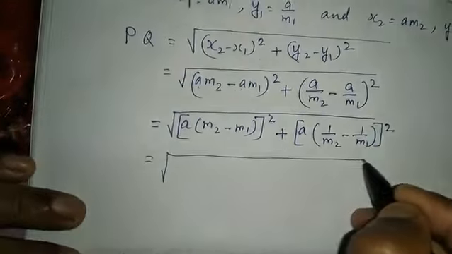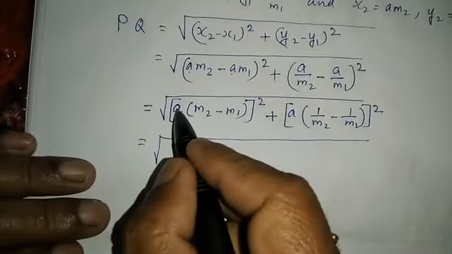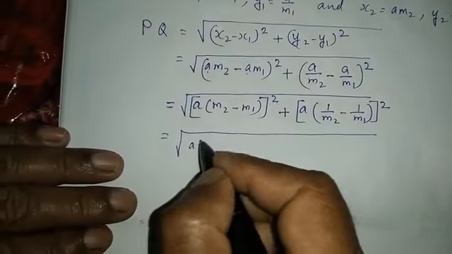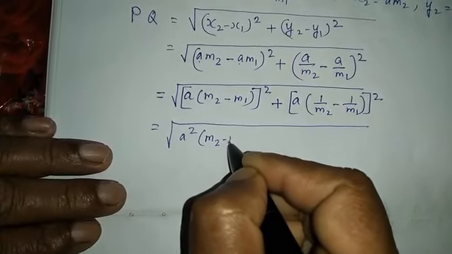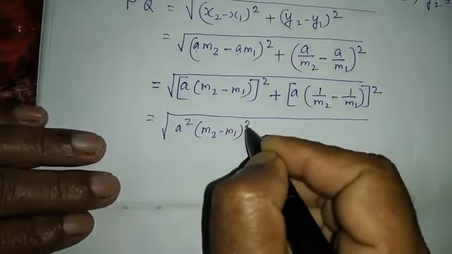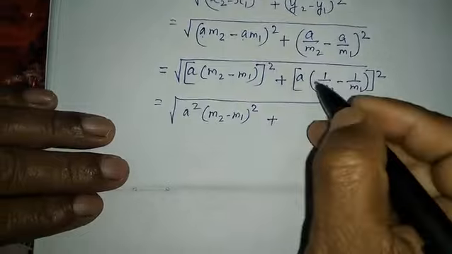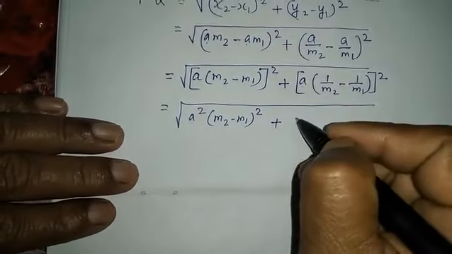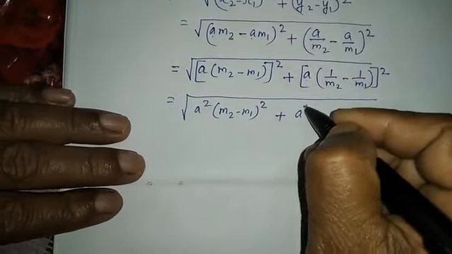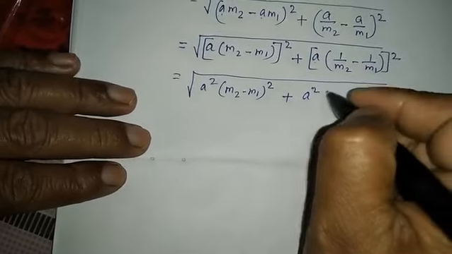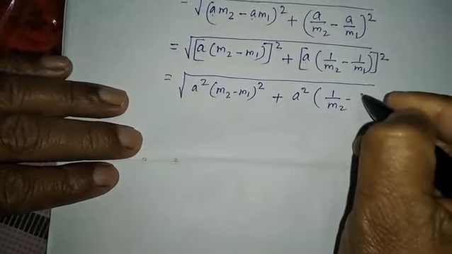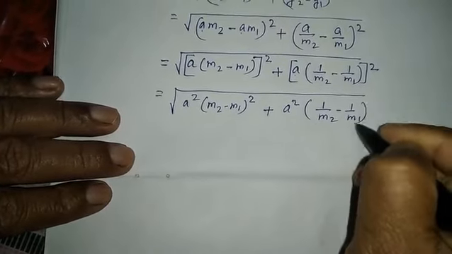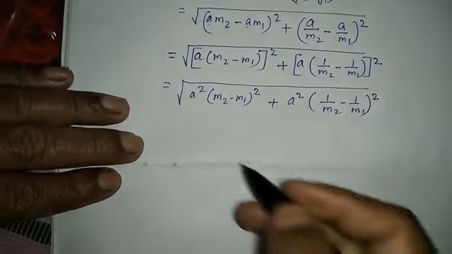Square root of, now let's take the square, a square into (m2 minus m1) square plus, here also take the square, a square into (1/m2 minus 1/m1) all things square.